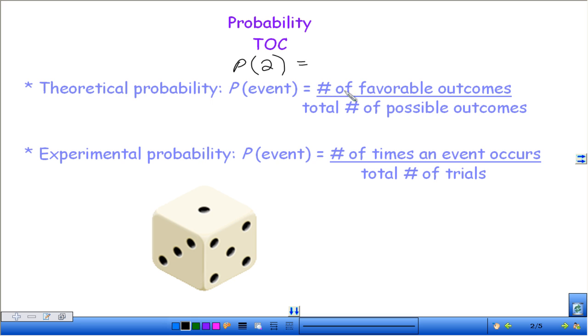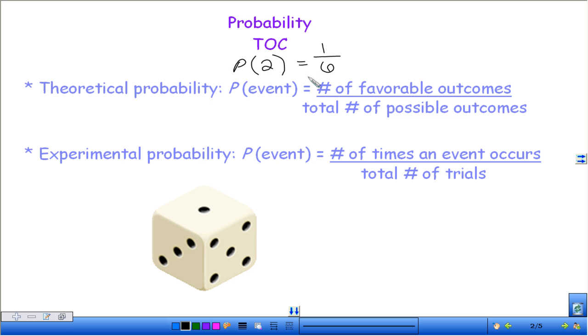Your numerator is your number of favorable outcomes, which means how many 2s are on a die? 1. Your denominator is the total number of possible outcomes. So how many outcomes are on a die? 6. Therefore, the theoretical probability of rolling a 2 on a die is 1/6.